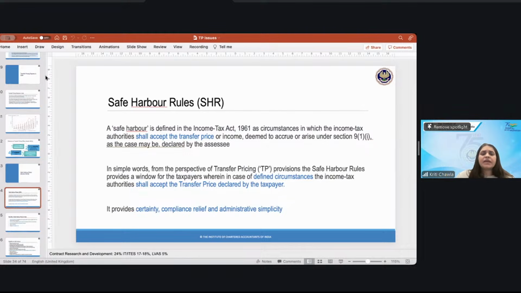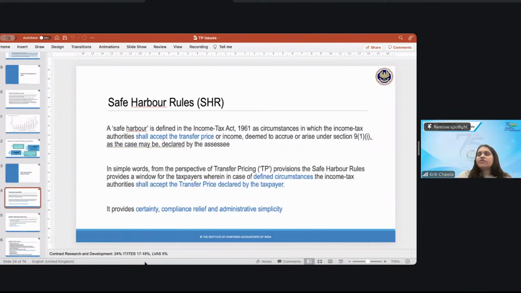A lot of people say it's like presumptive taxation. Maybe yes. I don't want to relate the two concepts, but yeah, maybe. So from a safe harbor perspective, if you see, it provides certainty, a lot of compliance relief, and a lot of administrative simplicity.